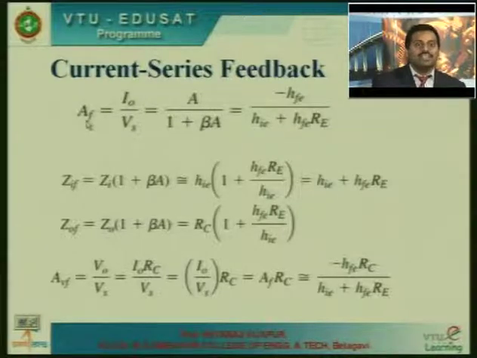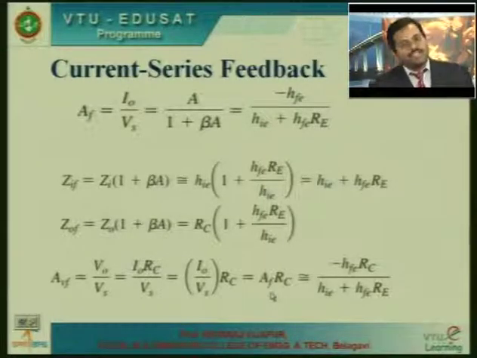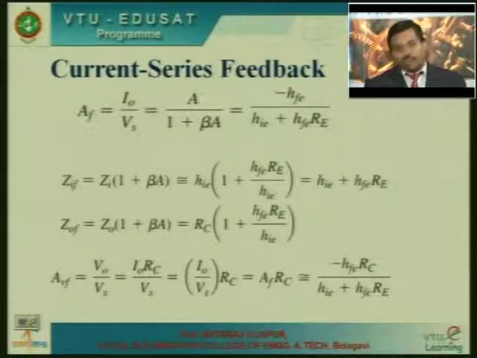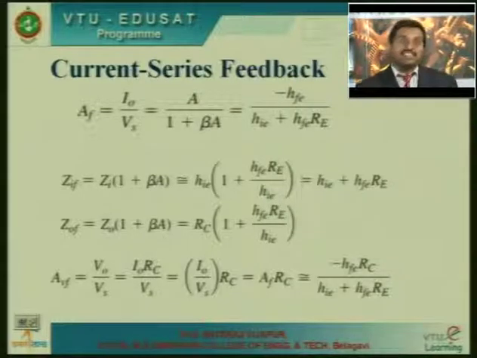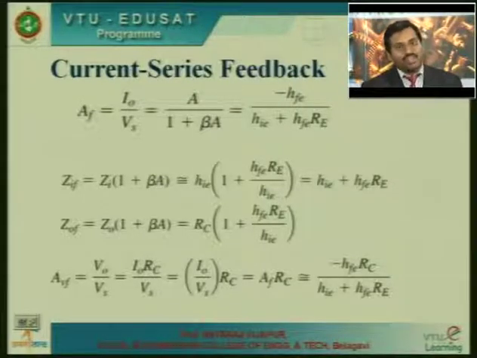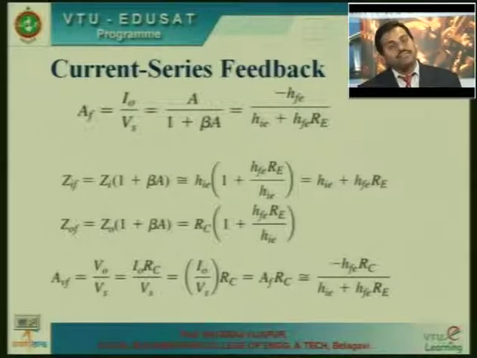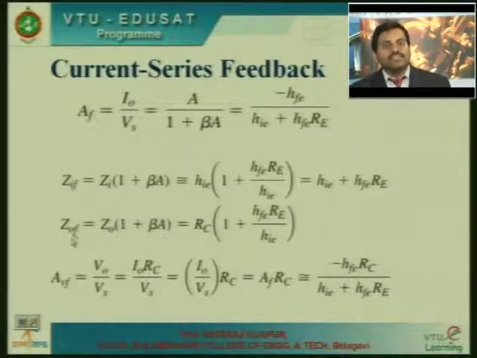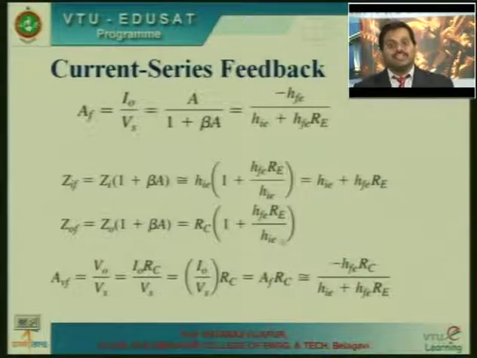It is nothing but closed loop gain AF. So substitute here into RC. So what all did we calculate in current series feedback? We calculated A, beta, AF, ZIF, ZOF and AVF.